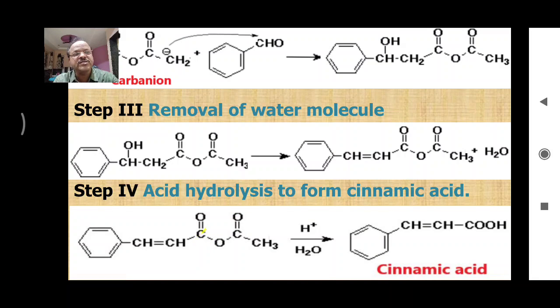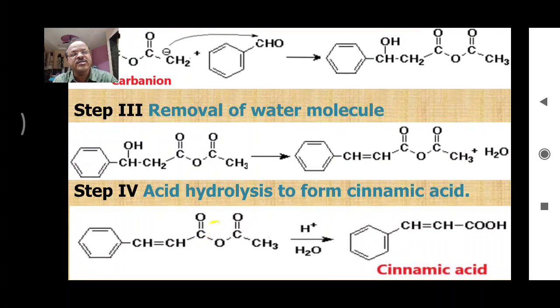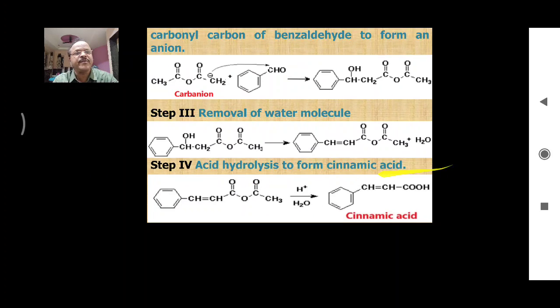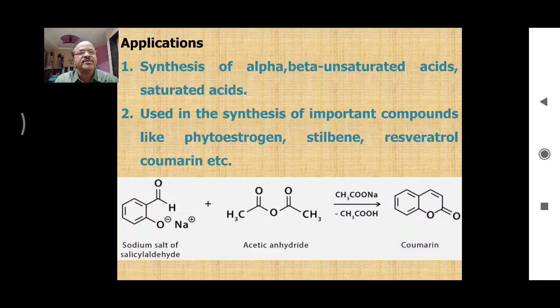Carbon carries positive charge, oxygen carries negative charge. OH minus from this water will form the bond with this positively charged carbon, and we obtain this cinnamic acid, CH double bond CH COOH. So this is the mechanism of Perkin reaction.